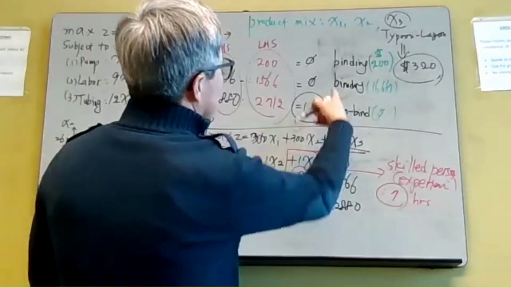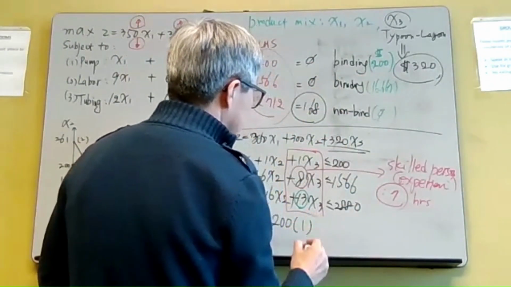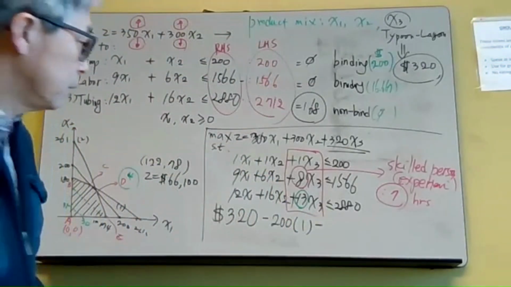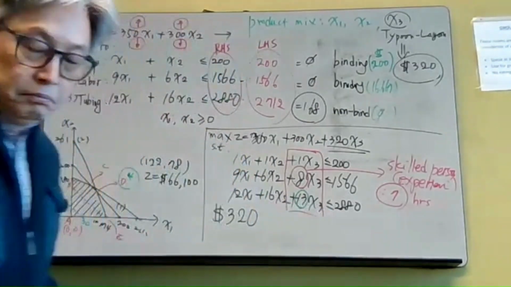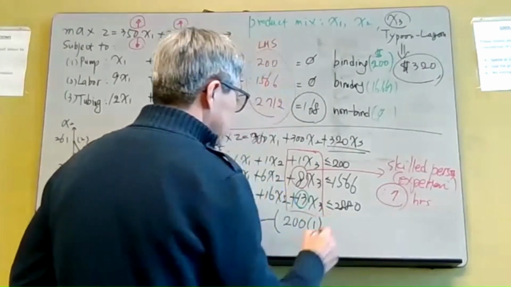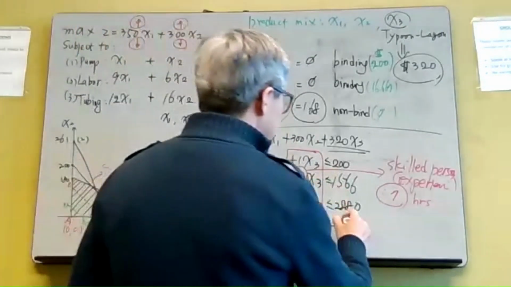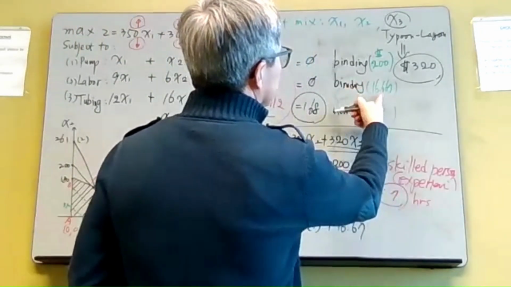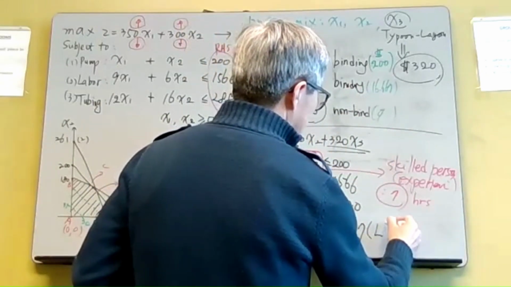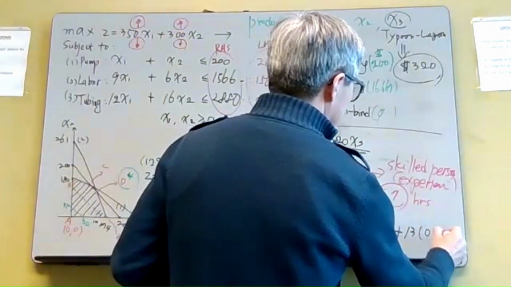So now, see $200 for 1 pump, right? Minus. Okay, I'm gonna rewrite this. 200 for 1 pump plus 16.67 shadow price times L, the same, plus 13 times 0.